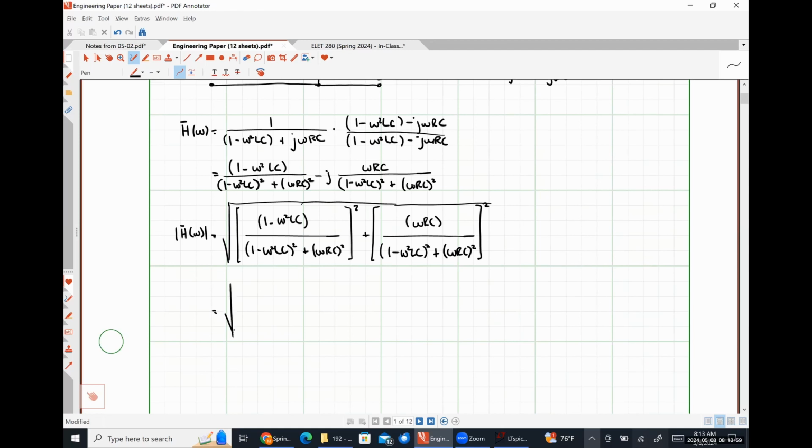Which in turn is going to give me, let's look at my denominator first. 1 minus omega squared LC quantity squared plus omega RC squared, square that whole thing.